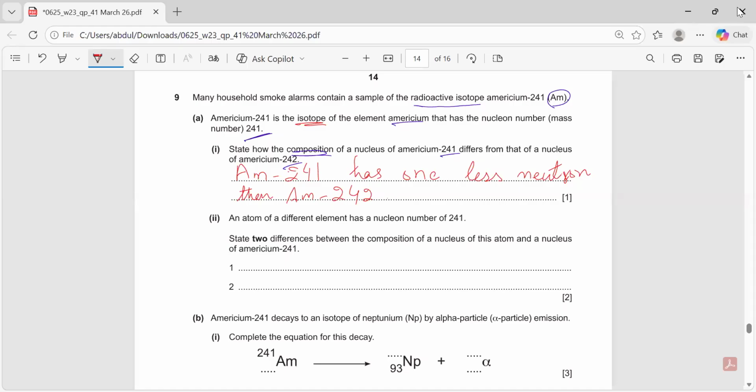Now, see the next one. An atom of a different element has a nucleon number of 241. State two differences between the composition of the nucleus of this atom and a nucleus of americium-241. Now see the answer.